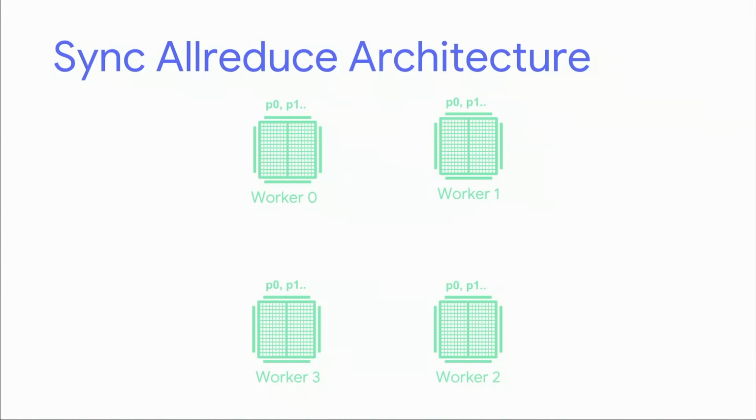Once the gradients are computed, the workers communicate among themselves to propagate the gradients and update their model's parameters. All the workers are synchronized, which means that the next round of computation doesn't begin until each worker has received the updated gradients and updated its model.